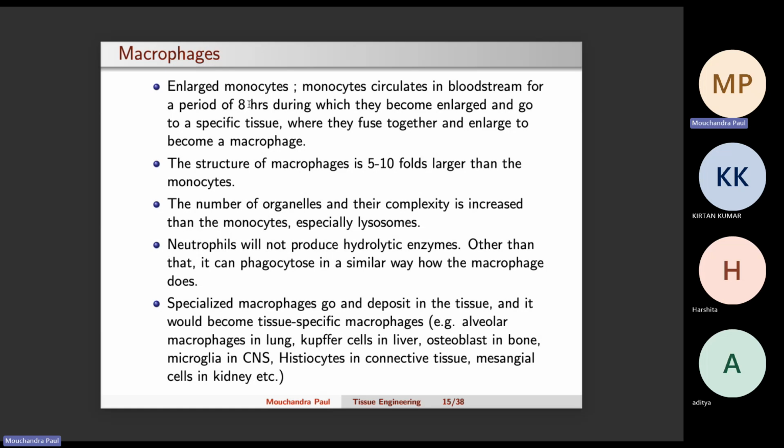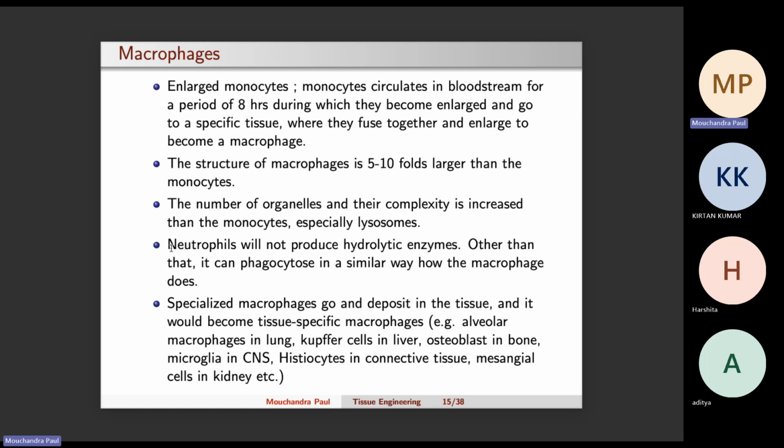Also, in the final macrophage that is formed, the number of organelles is increased in comparison to the monocyte, and the cellular complexity is also increased. The number of lysosomes, the organelle present in the cytoplasm containing a large amount of hydrolytic enzymes, is also increased in macrophages.